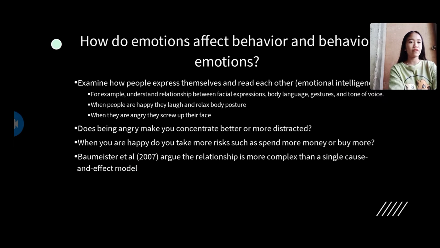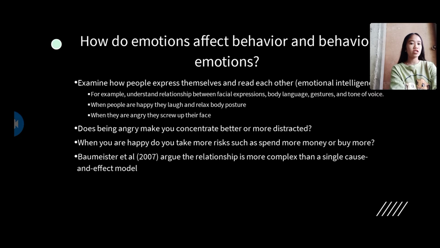How do emotions affect behavior, and behavior affect emotions? Examine how people express themselves and read each other. Emotional intelligence, for example, understanding facial expressions, body language, gestures, and tone of voice. When people are happy, they laugh and relax their body posture.